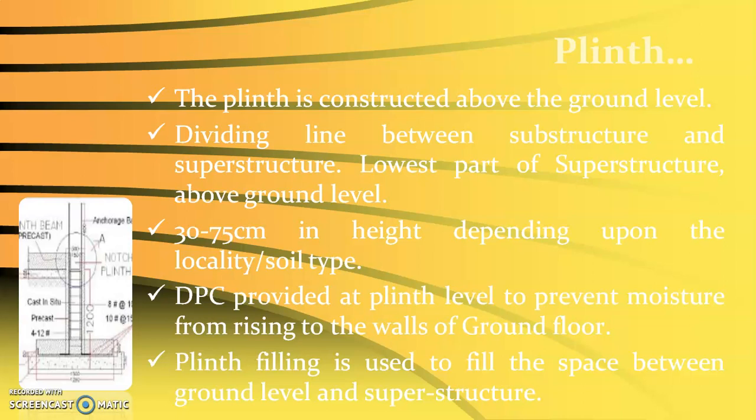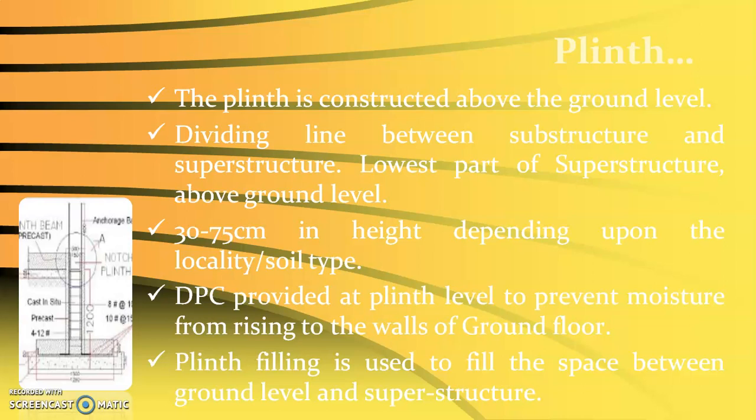The height of the plinth is generally in the range of 30 to 75 centimeters. It depends upon the locality and different soil types. Damp proof course is provided at plinth level to prevent moisture or water from rising into the walls of the ground floor.